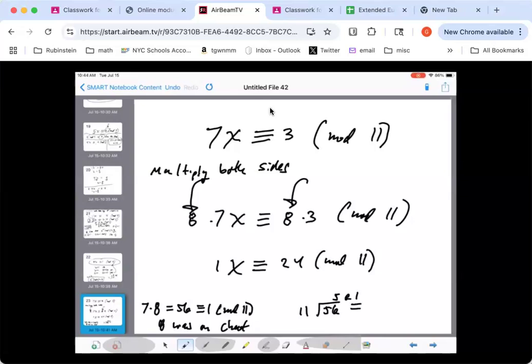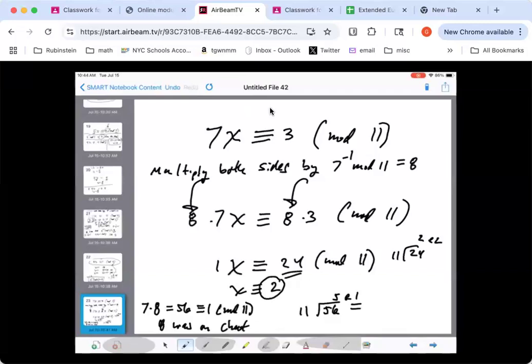So multiply both sides by 7 inverse mod 11, because 7 inverse mod 11 is a different number than 7 inverse mod 13 or whatever, equals 8. Now, I don't like to have this number be 24. I want it to be less than 11. So do one last step. Do 24 divided by 11, which is 2 remainder 2. And that's the answer.